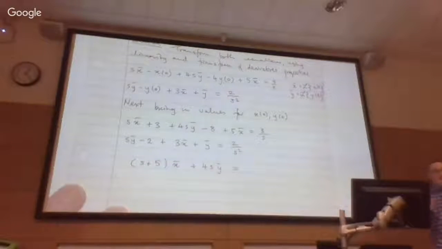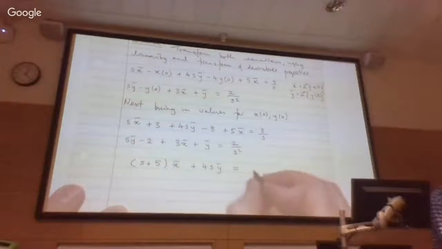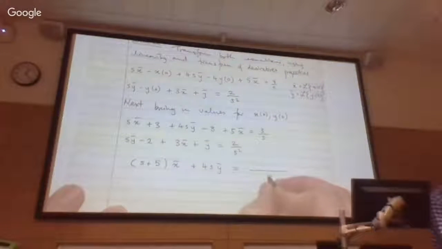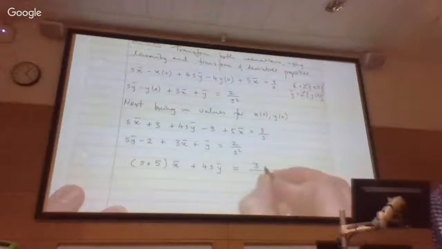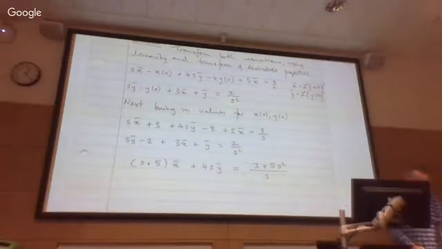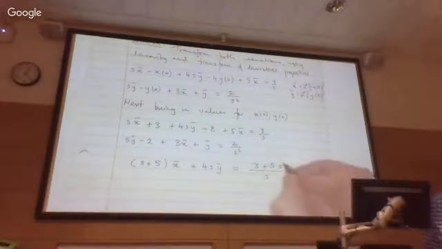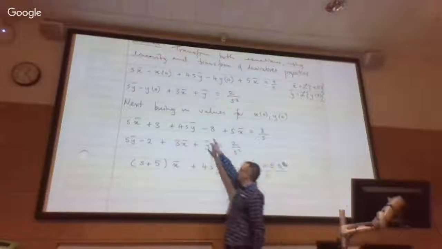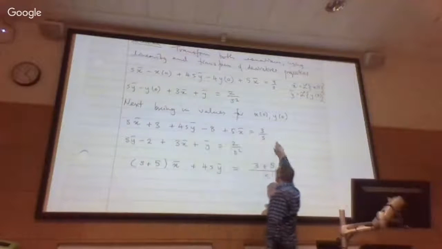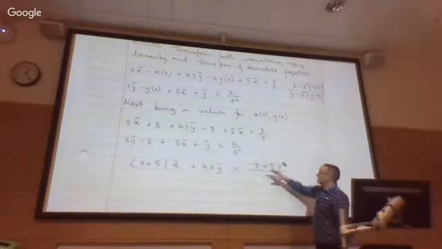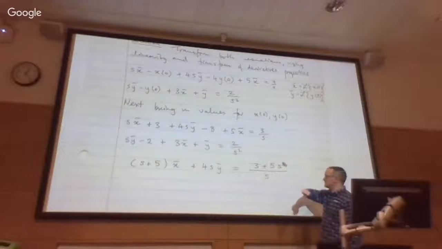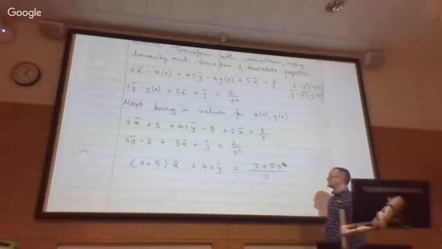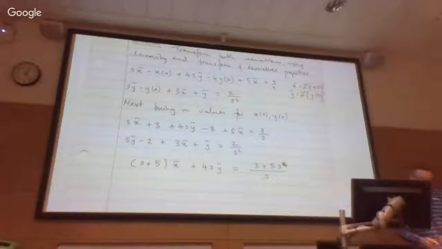You bring it over the other side, it's a plus 5. I'll put it over s, just to have a single fraction here. So it's going to be 3 plus 5s over s. So 3 minus 8 there becomes a minus 5 here. To go over the other side, it's a plus 5. I just want to see a single fraction for simplicity. So I'm making 5s over s. Okay, that's the first equation.